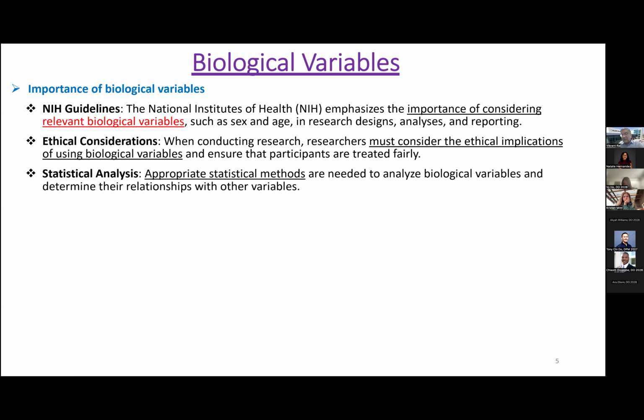There are multiple parameters before choosing any statistical method. Second, whether we are comparing the data between two variables or more than two variables. Another important thing is whether the variables are dependent or independent. So based on multiple things, we need to choose the method of statistical analysis.